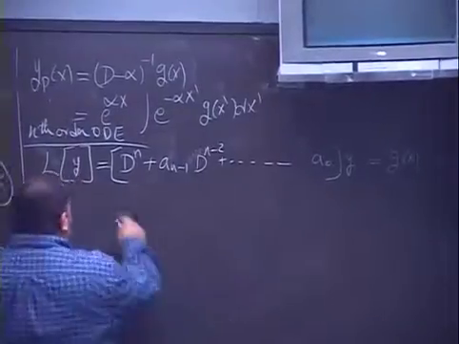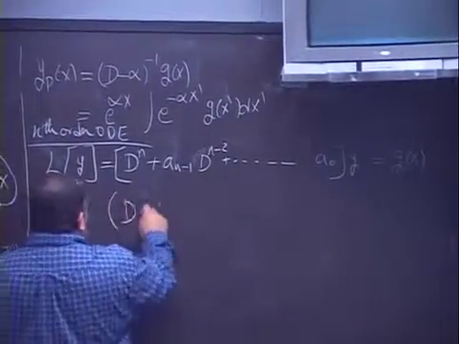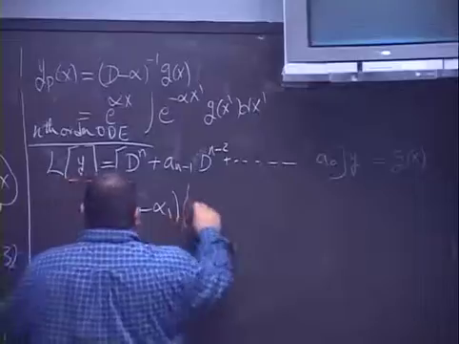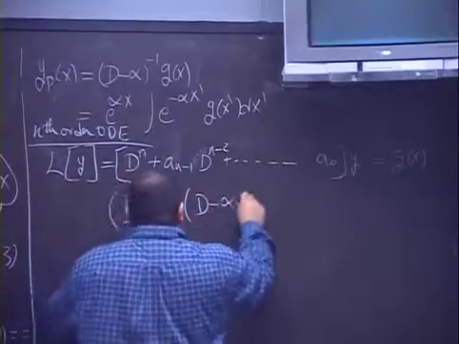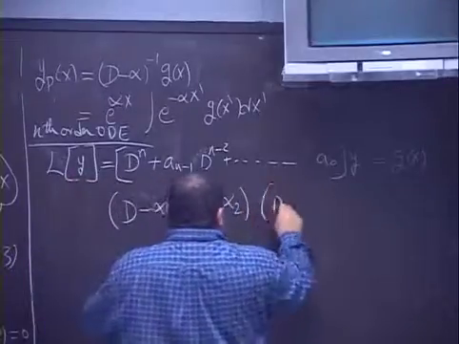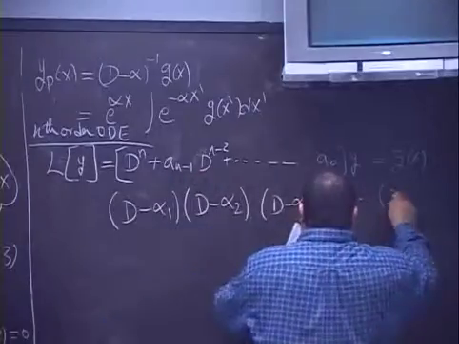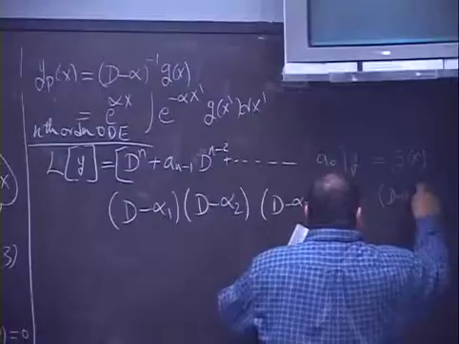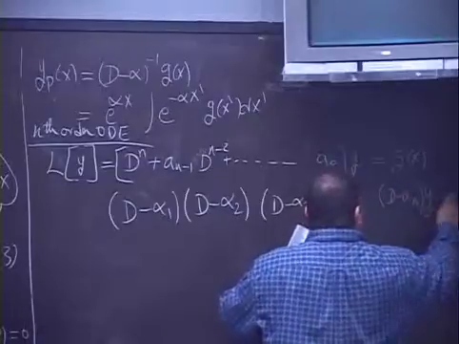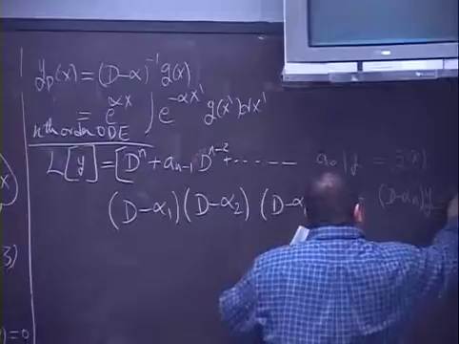So I can just solve it as d minus alpha 1 multiplied by d minus alpha 2 multiplied by d minus alpha 3 up to d minus alpha n operated over y equal to g of x.